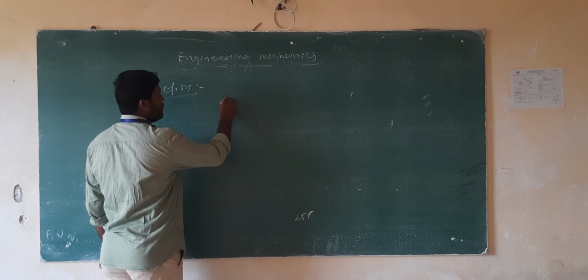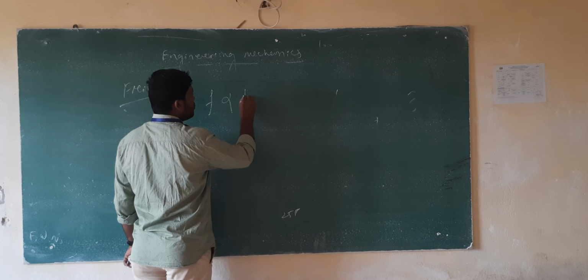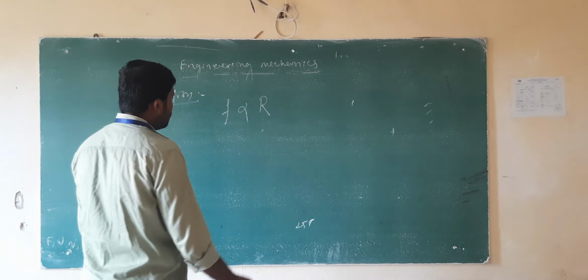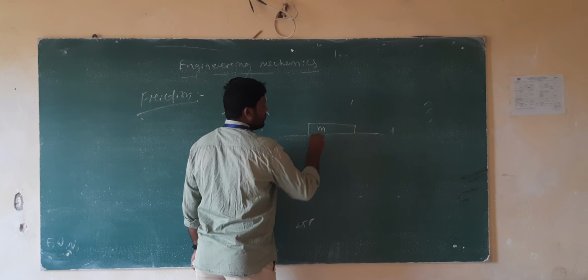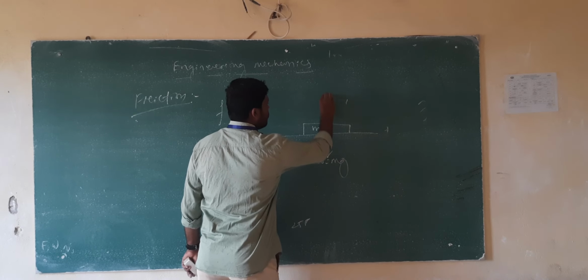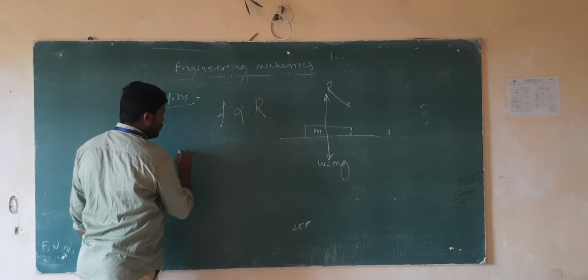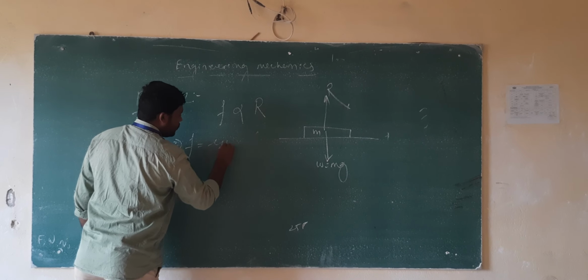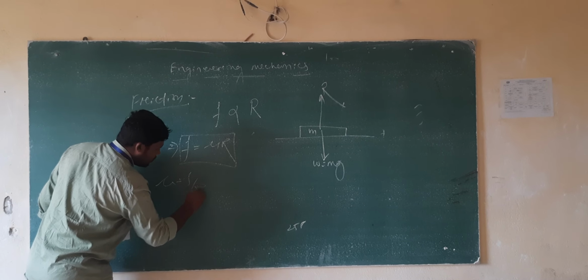Mathematically, friction is directly proportional to the normal force on the object. If this is the surface and there is a body of mass m on it, then its weight will be mg, and this is the reaction force. F is proportional to R, then F equals mu into R, so mu equals F by R.